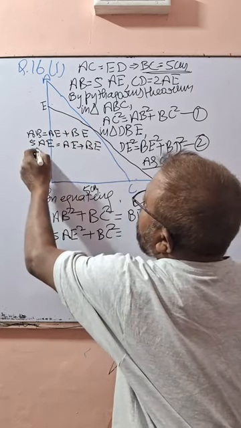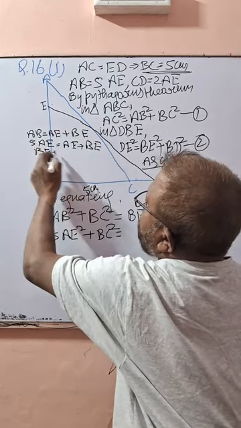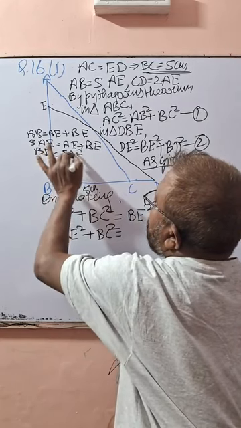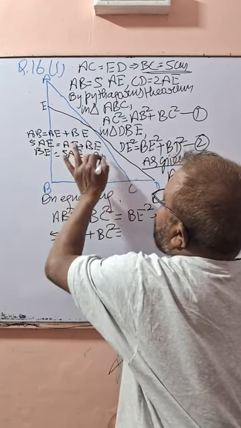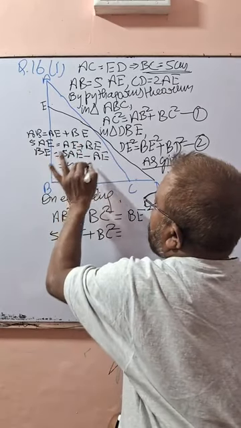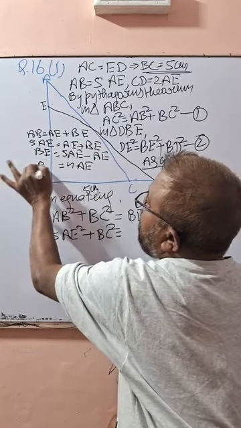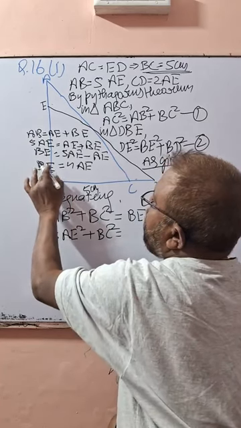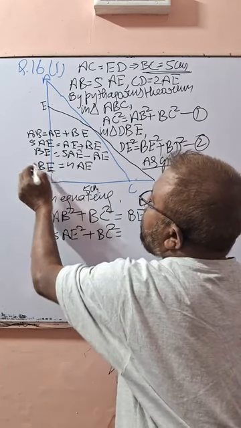So BE is equal to 5AE minus AE, which is 4AE. So BE is equal to 4AE.